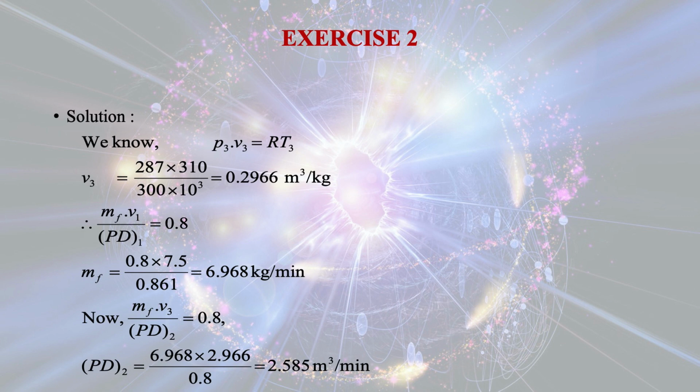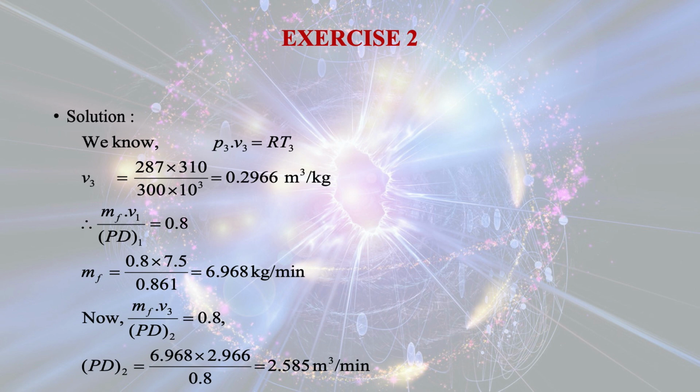Now we know very well that mf v1 divided by Pd1, that is piston displacement at state 1, is equal to 0.8. Now next case is for finding out the mf. From this expression v1 is known, Pd1 is known, so mf we can calculate, that is equal to 6.968 kg per minute.